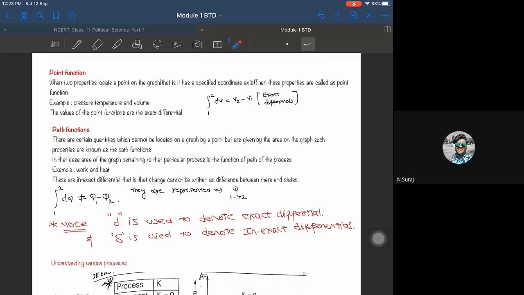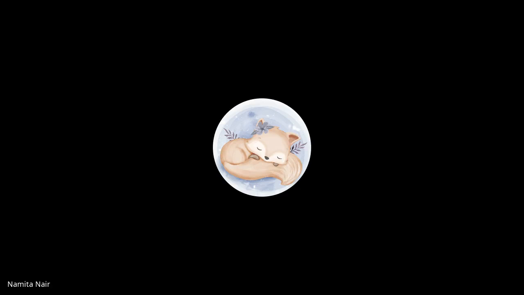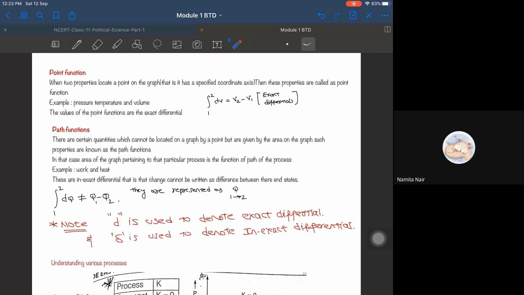Suraj, present, sir. Nafa Abdul Rahman, present, sir. Namita Nair, present, sir. Niharika, present, sir. Nishchat, present, sir.